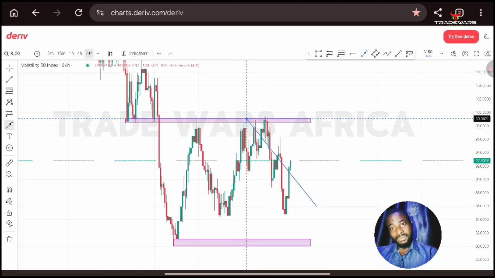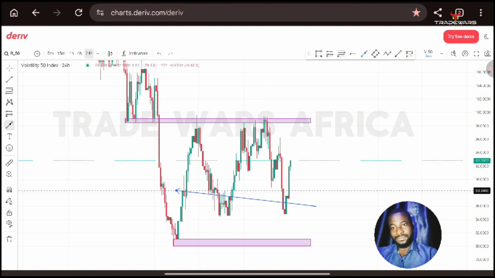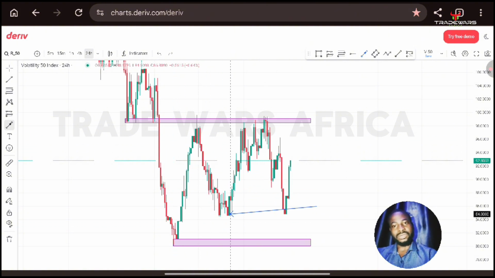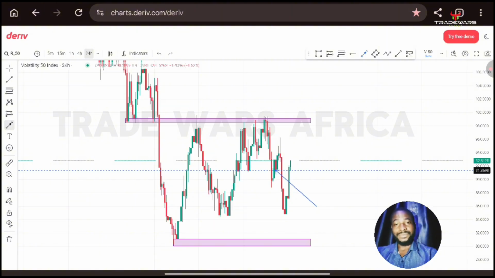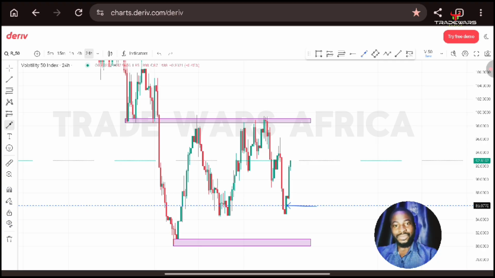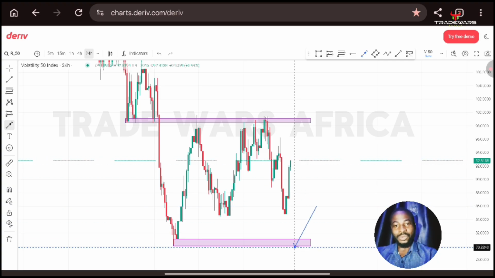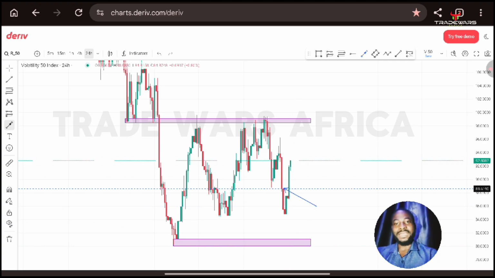This market is in a downtrend: it came down, went up, came down, went up, came down, and now it has decided to come down again. So it gives us lower high, lower low, lower high, lower low. You get it now. So this market is a downtrend.